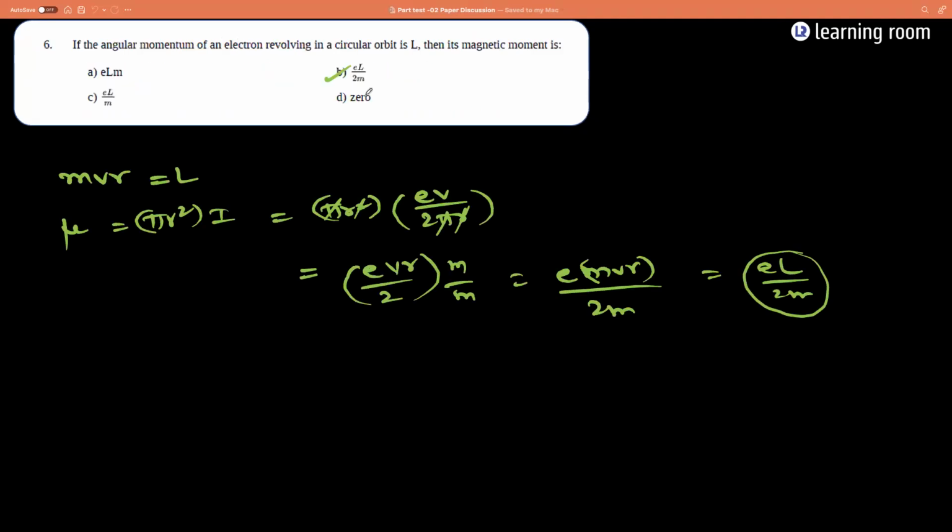Two coils are placed close to each other. No, it's not rate. It depends on the orientation. So previous question, what was it? Magnetic dipole moment, mu is equal to e into L. I think mu by L is what is called the gyromagnetic ratio. So e by 2m is the gyromagnetic ratio. Okay. So relative position and orientation of the coils. That is the answer for the seventh one.